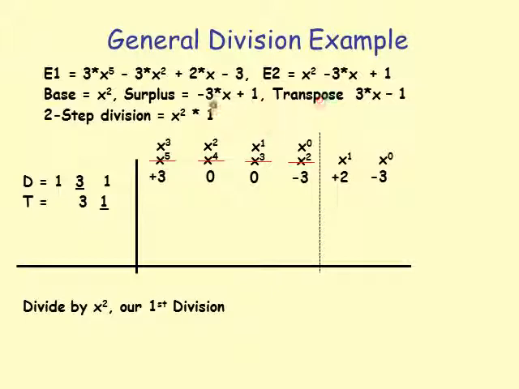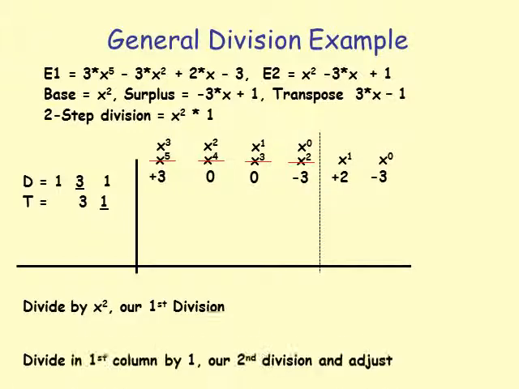X squared has a flag value of 2. I divide x to the fifth by x squared, I get x cubed. x to the fourth by x squared gives x squared. x cubed by x squared gives x. x squared by x squared gives a constant term.